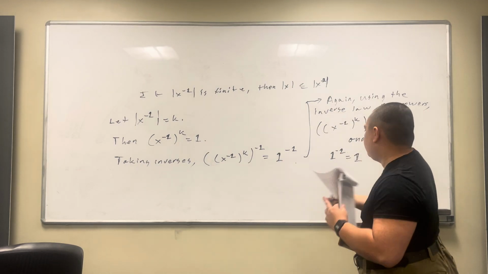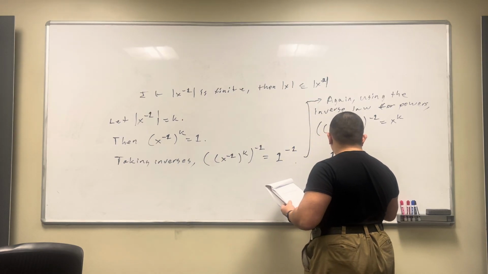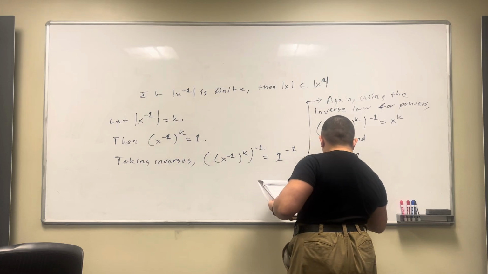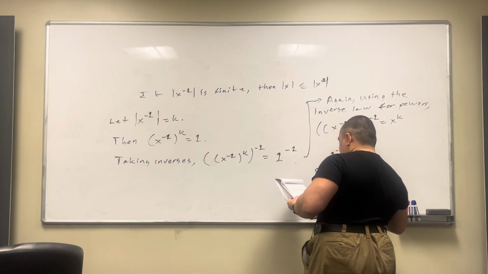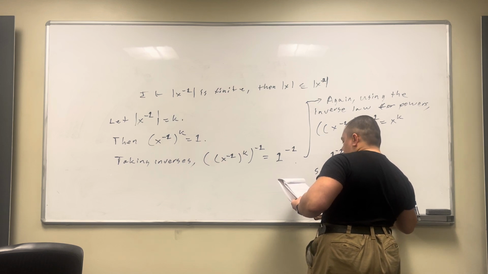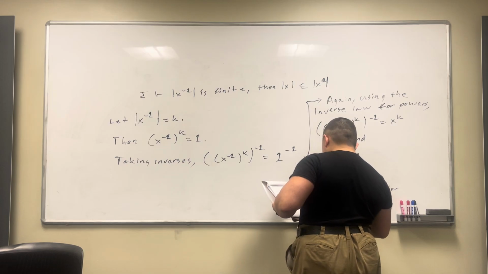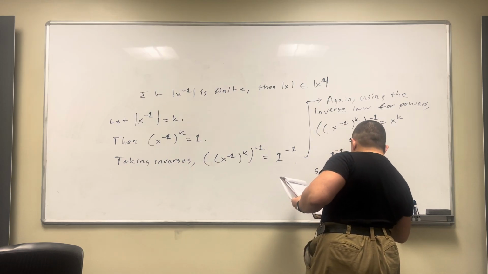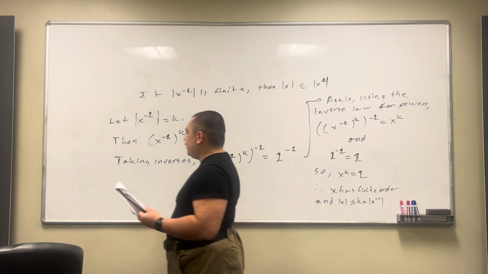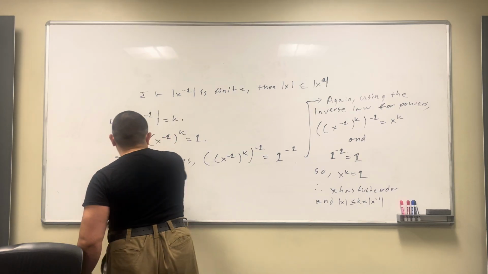So x to the power of k is equal to 1, and therefore x has finite order, and the order of x is less than or equal to k, which is equal to the order of its inverse. And combining the two inequalities in a finite case, let's write this down.